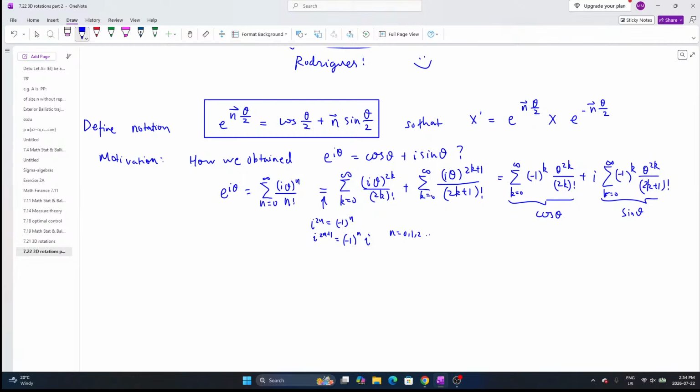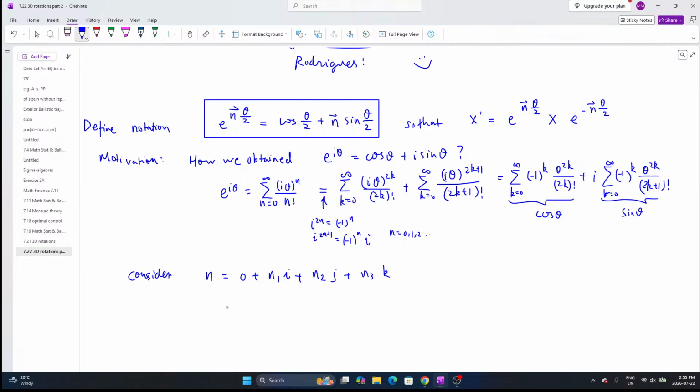If we identify n as the so-called purely imaginary quaternion, so it's 0 plus n1 i plus n2 j plus n3 k.